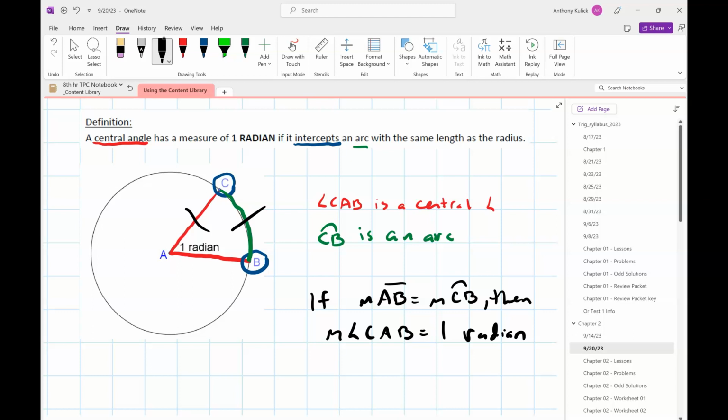So now we have these two different measurements. We have degrees and radians. As soon as you get two different measurements for the same object, what do you want to have? Let's say you have feet and centimeters. What do you want to have if you have two ways of measuring something like feet and centimeters? Just from a practical standpoint, what do you need to have?